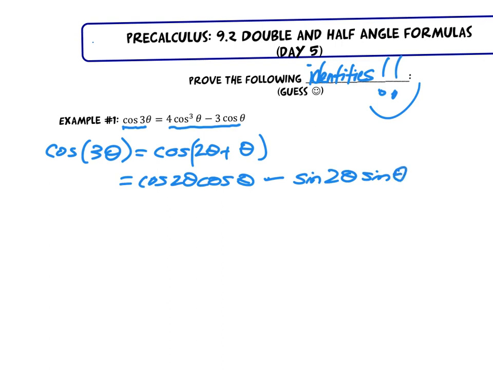All right, now we know what that is, and we know what that is. So here we know that the cosine of 2 theta by the double angle formula is cosine squared theta minus sine squared theta.